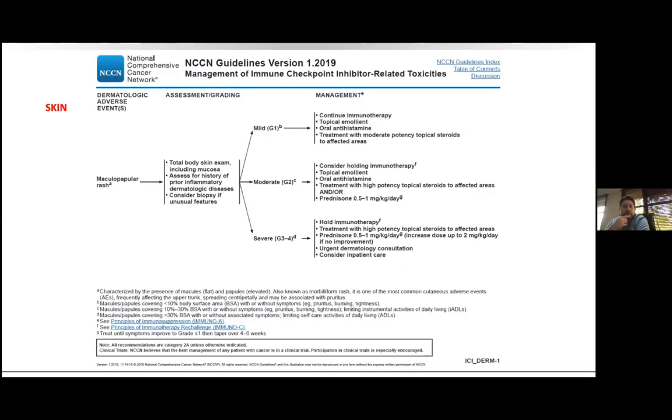So in terms of managing your skin manifestations, your maculopapular rash, grade 1 would be papules covering less than 10% of your body, essentially topical therapy, and continue your immune therapy.